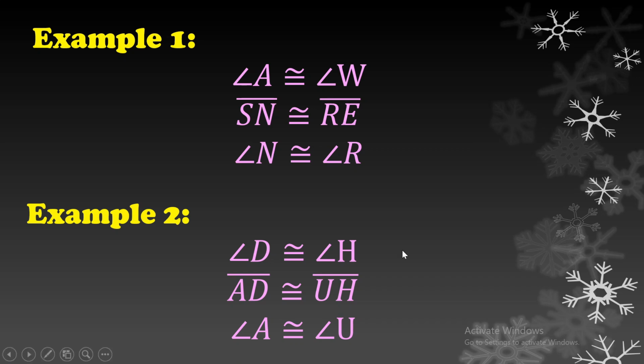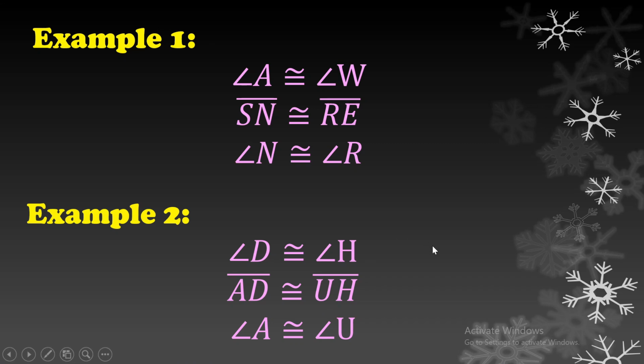No, we cannot prove the congruency of those two triangles using the AAS congruence theorem because the given pair of sides are the included sides. And for the AAS, it should be the non-included sides because we have here angle A and angle D, and we have side AD. Angle H and angle U, we have side UH.